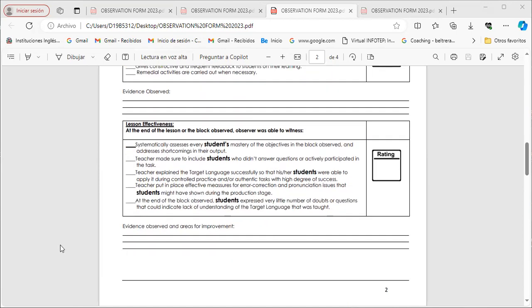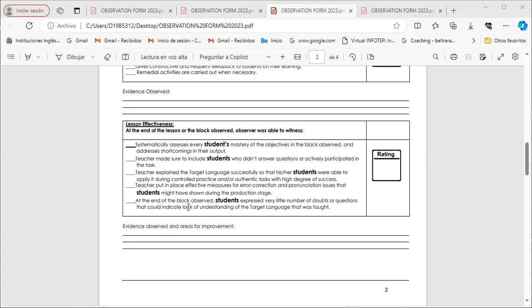If the teacher explained the target language successfully so that her students were able to apply it during controlled practice and or authentic task with high degree of success.